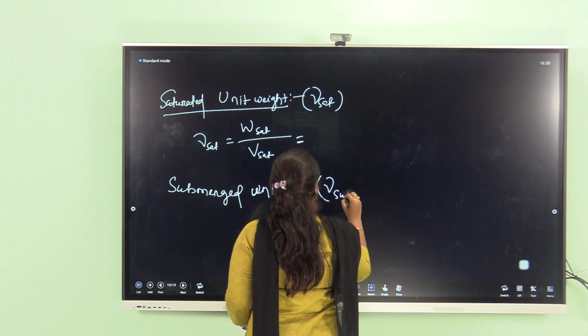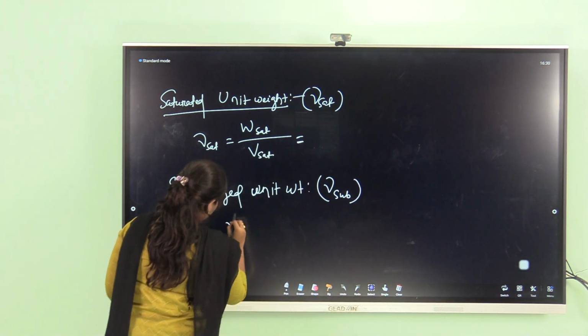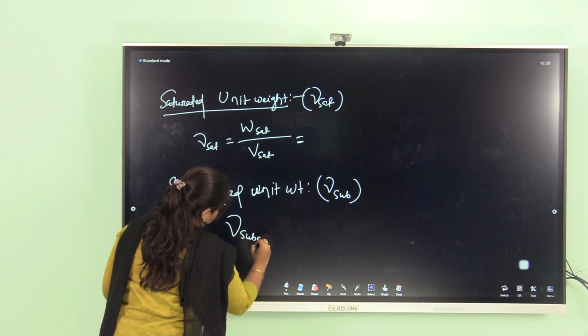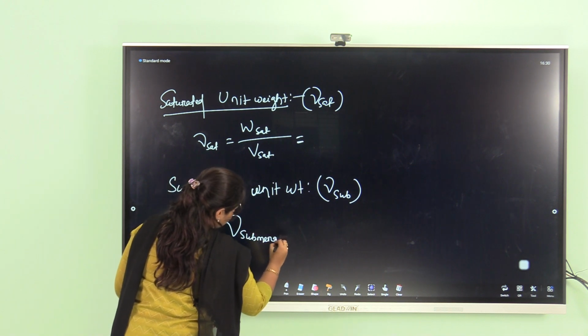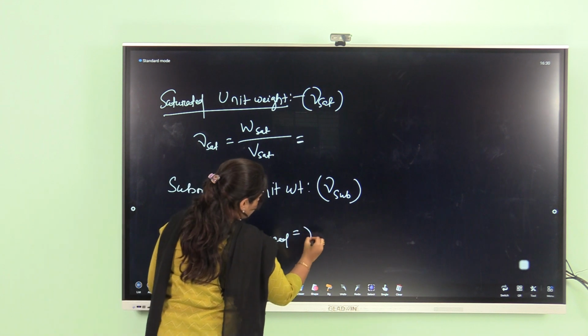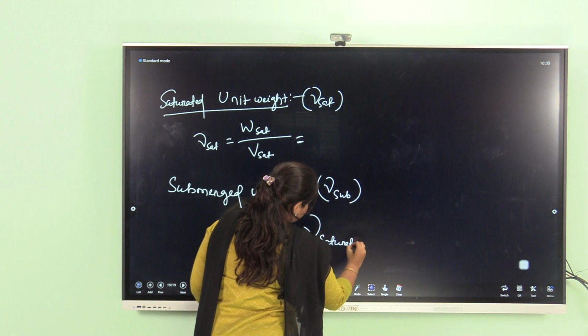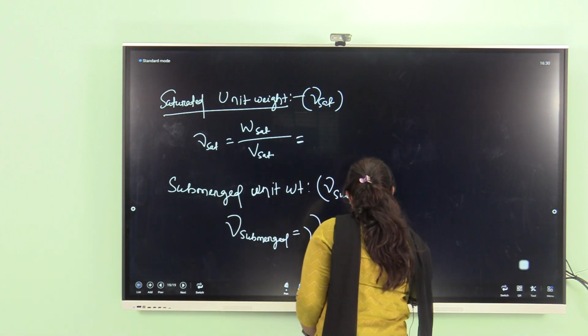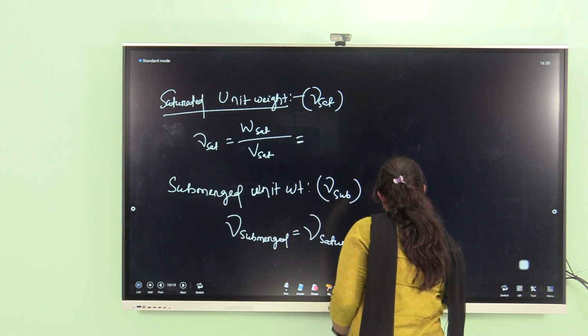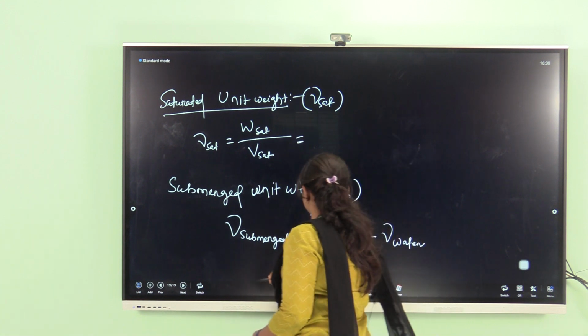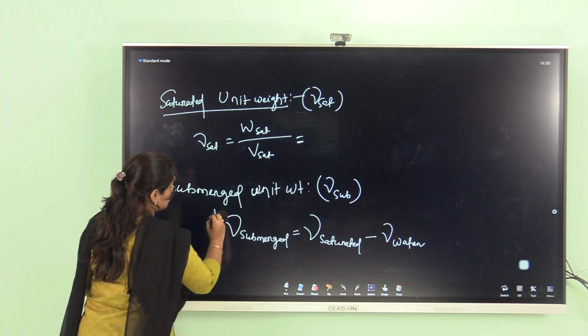Termed as gamma sub, and gamma submerged is your gamma saturated minus gamma w, that is gamma water. Okay.